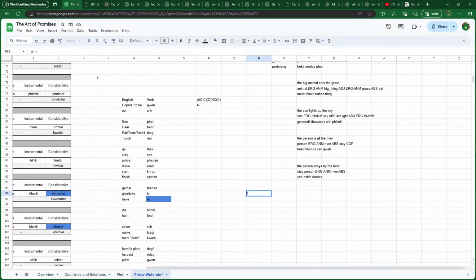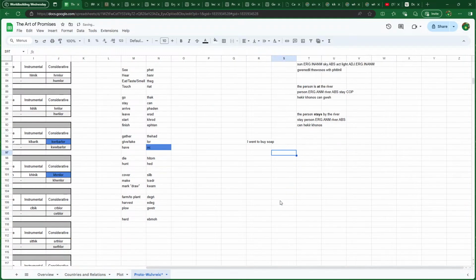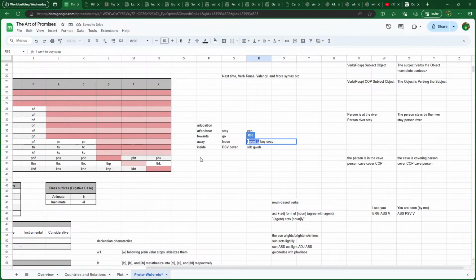So say I went to buy soap, let's say. I went to buy soap. If we wanted to reformat it, this is currently SVO. If we wanted to reformat it into SOV, it would look something like I soap went to, is the auxiliary here, right?